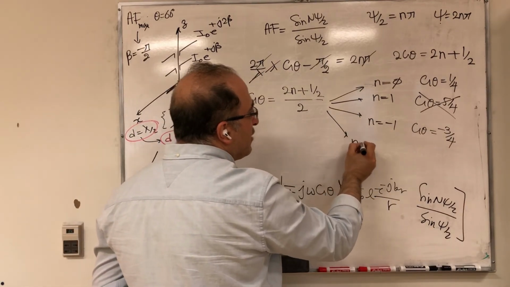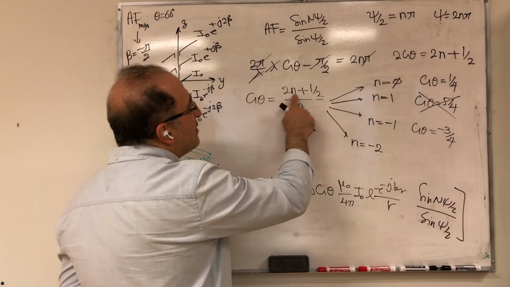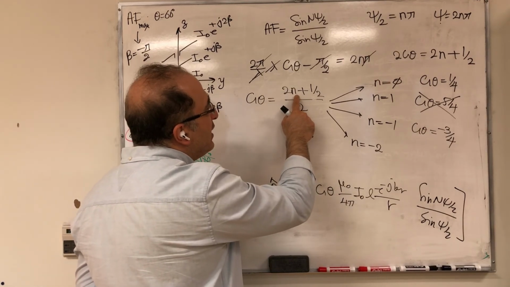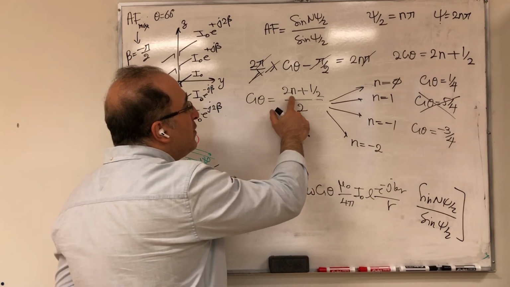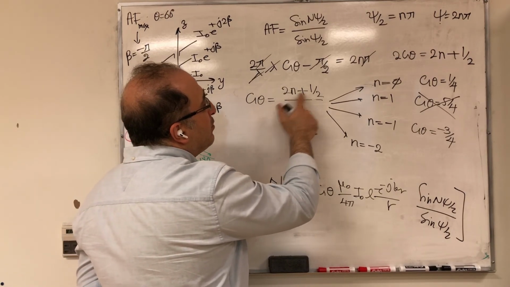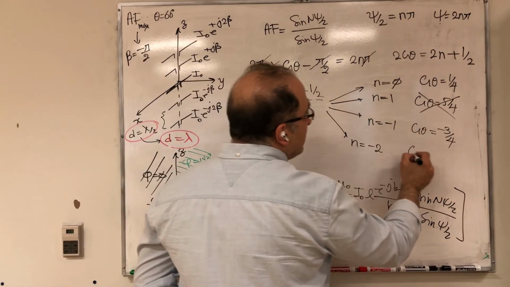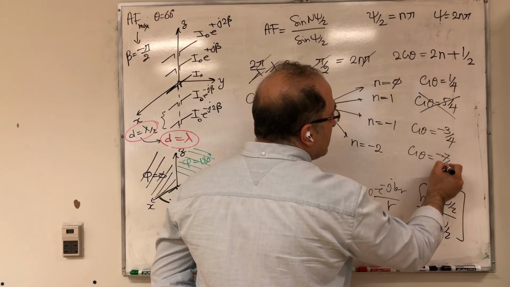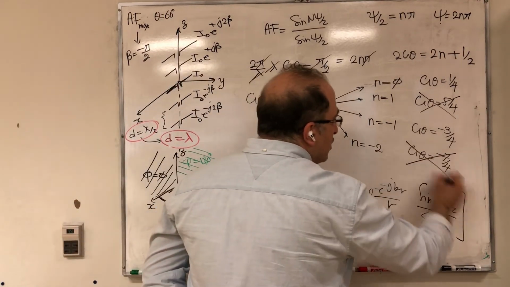And then n equal minus 2: I'm going to get minus 4 here, that's going to be minus 8 divided by 2, and then plus 1 divided by 2, minus 7 divided by 2, and then minus 7 divided by 4, which is greater than 1. And that's no solution here.